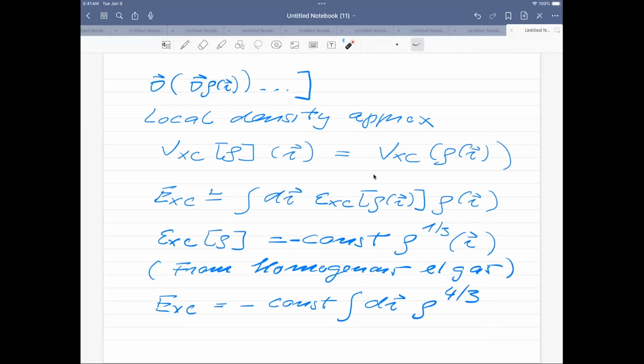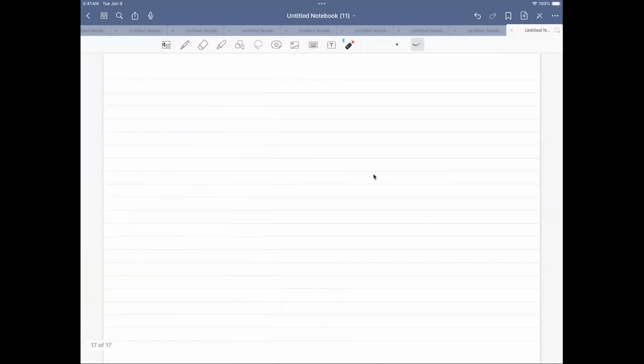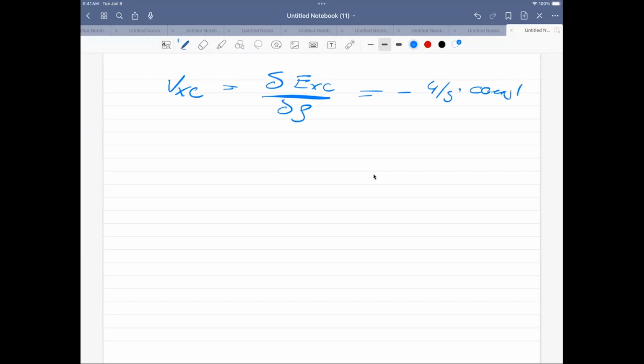So the potential which we are looking for, this effective single particle potential, this Vx, which is given by the functional derivative delta over delta rho, gives us simply minus 4/3 times a constant multiplied with rho to the 1/3. And then we can obviously redefine this as a new constant, minus constant times rho to the 1/3, where we just absorb that term 4/3, which comes from the functional derivative.